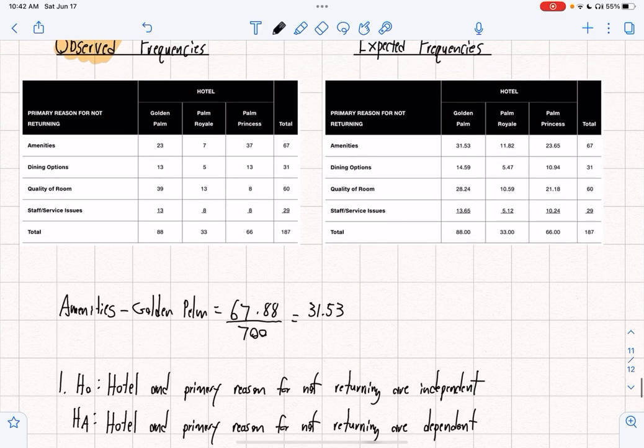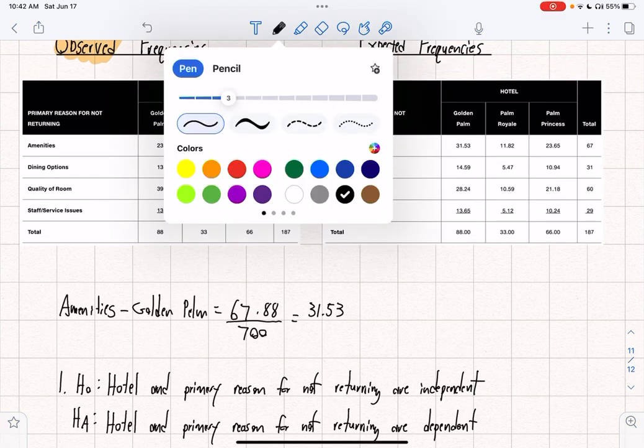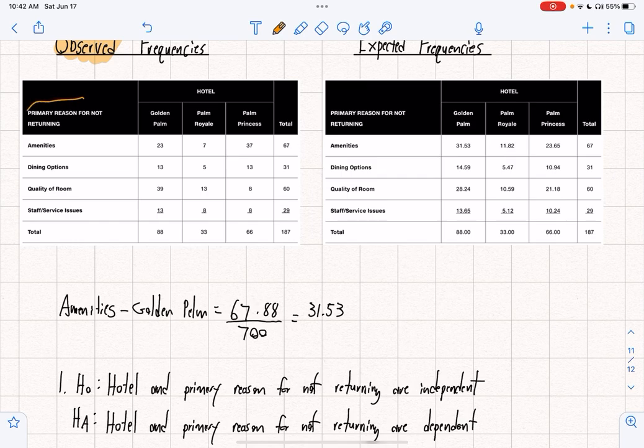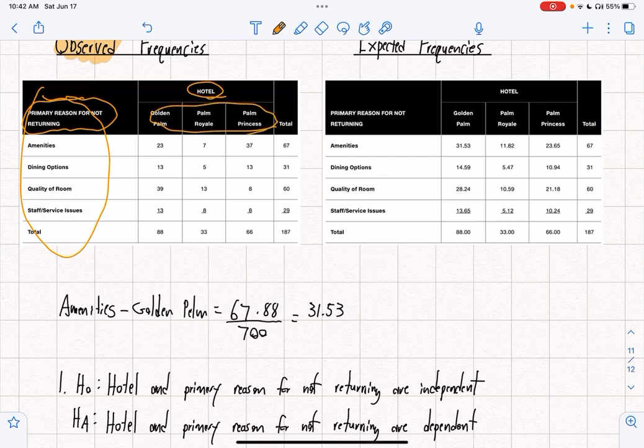Those are our two variables here. We have primary reason for not returning, which are our rows, and then we have hotel, which are our columns.